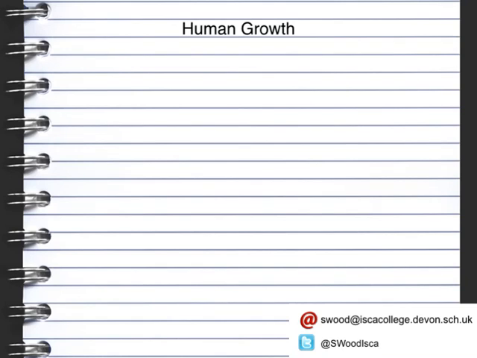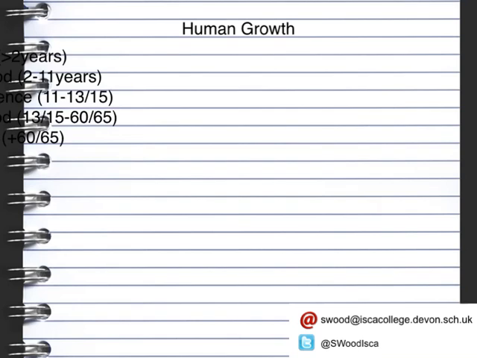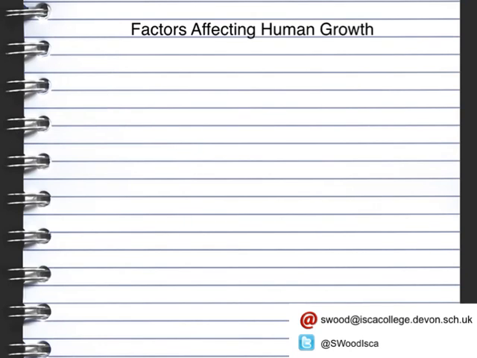There are several stages to human growth. These stages are infancy, up to 2 years; childhood, which is 2 to 11 years; adolescence, which is 11 to 15 for boys and 11 to 13 for girls; and then adulthood, up to 60 for females and 65 for males; and then we've got old age, which is either 60 or 65 plus.